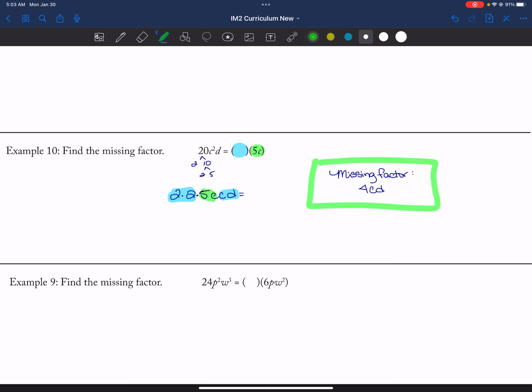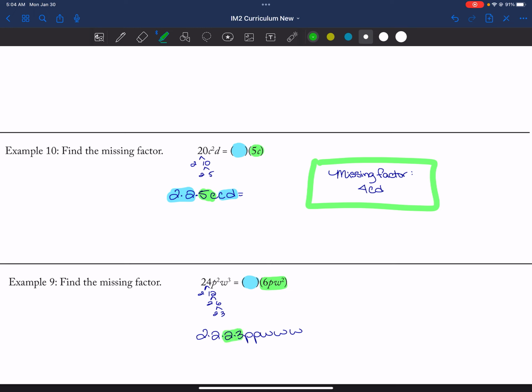Okay, so start coloring my right side first. Okay, so 24 is 2 times 12, 2 times 6, 2 times 3. So then I get 2 times 2 times 2 times 3 times p times p times w times w times w. Okay, so I have on the right-hand side a 6, so that's 2 times 3, a p, and 2 w's.